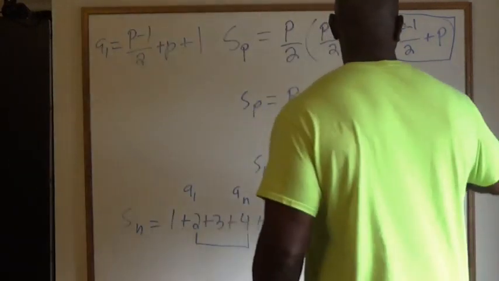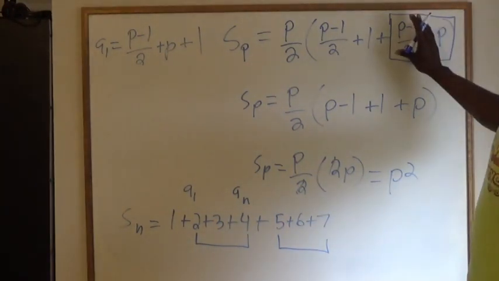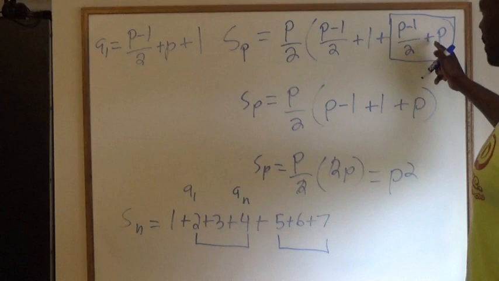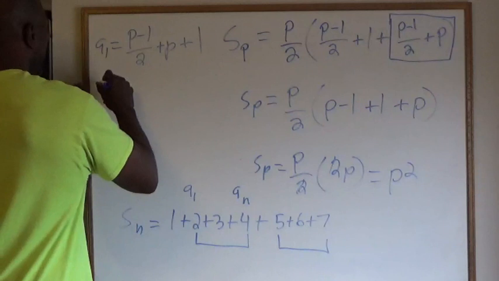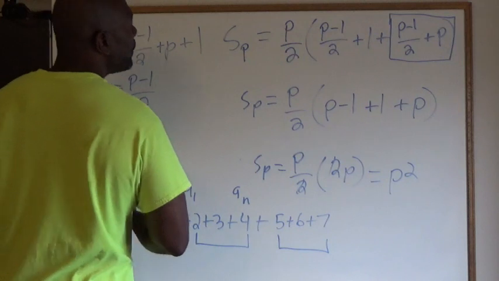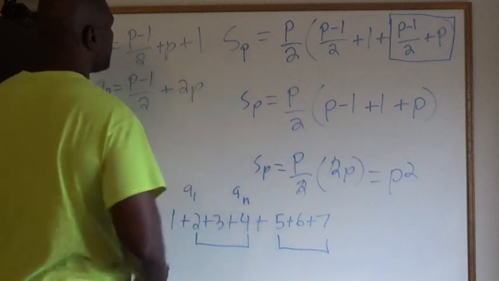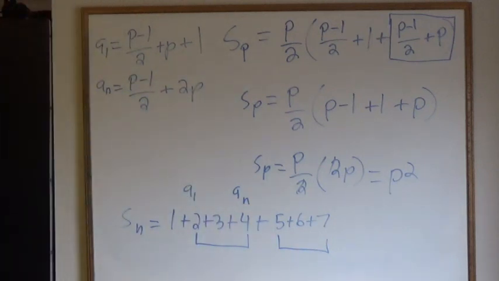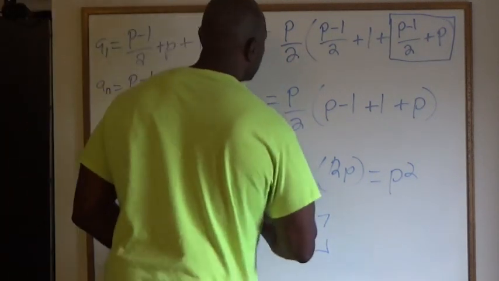To make it an of the second partition, I'm simply going to add p to it, which is just going to turn that to a 2p at the end. So my an of the second partition is (p minus 1) over 2 plus 2p. So there it is. And so now we're going to throw it all into the formula and see if we get 2p squared.